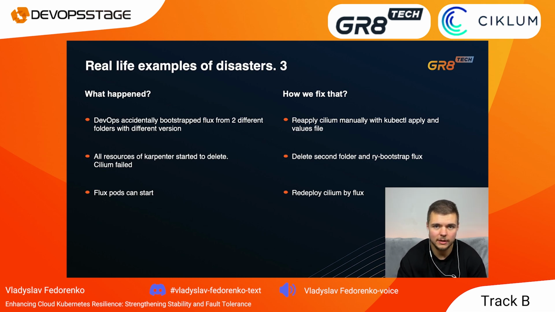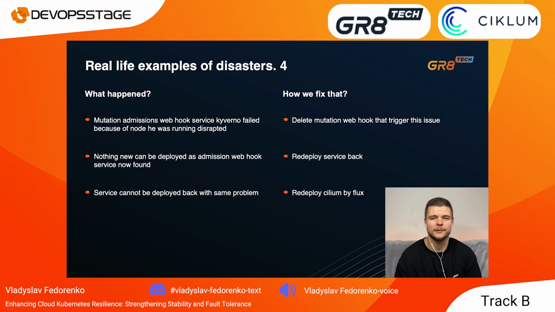And when Cilium started, we suddenly were able to start our Flux. But Flux was unable to redeploy the Cilium chart, as the new Cilium chart was not controlled by Flux. So to fix this issue, you have to fix the annotations on your Cilium chart to bring it back under Flux control, and with all proper annotations, Flux will see this chart again and will redeploy it in the proper way.